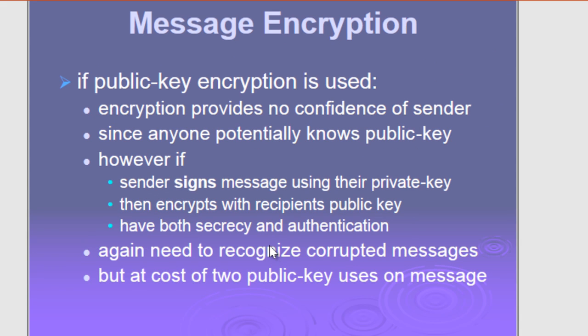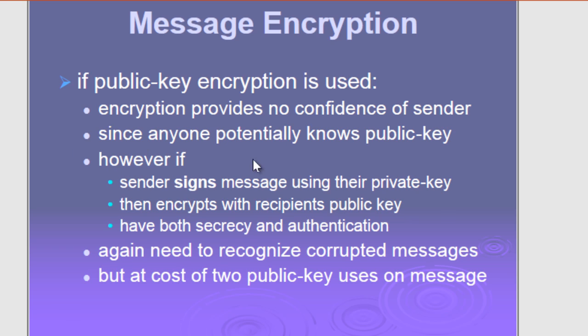If the message encryption is in public key encryption, the receiver might have no confidence who the sender is, because in public key encryption the encryption is done using the public key of the receiver, and the public key of the receiver is known by many users, so anyone can encrypt that message. So the receiver has no confidence of who is the sender.